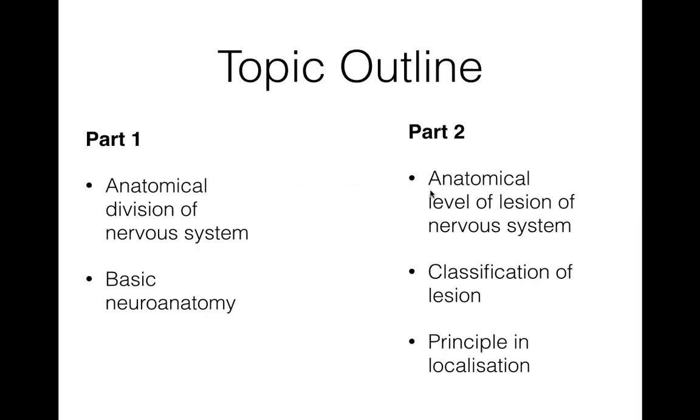In the second part, we shall be discussing the different anatomical levels of lesions that may involve the nervous system. We shall also be classifying the different lesions, and we'll be discussing the principle behind localization, something that you'll be applying throughout entire neuroanatomy, particularly with the clinical correlation of neuroanatomy.